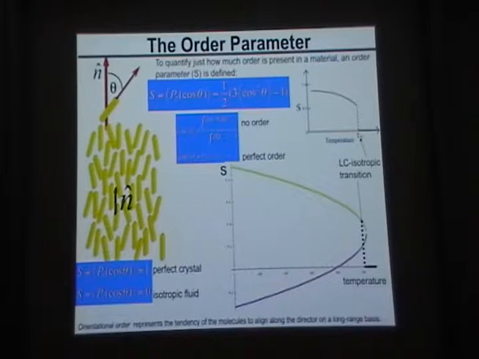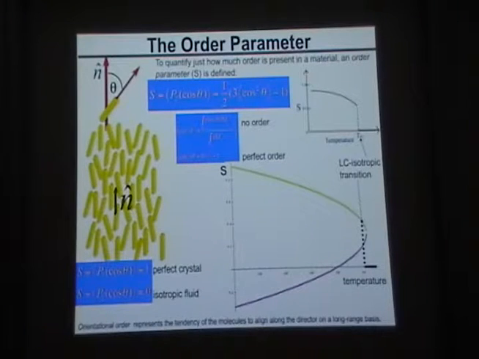So you can imagine liquid crystal being composed of some cylindrical molecules that slightly misalign with respect to each other, but on average are all pointing in the same direction. Right? And this direction we call liquid crystal director.